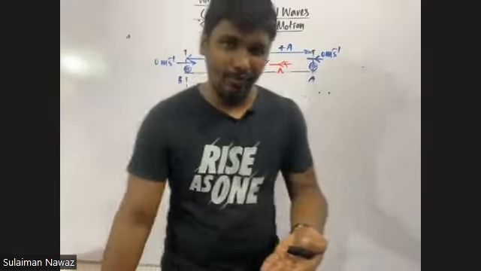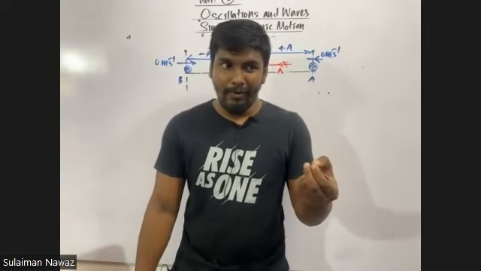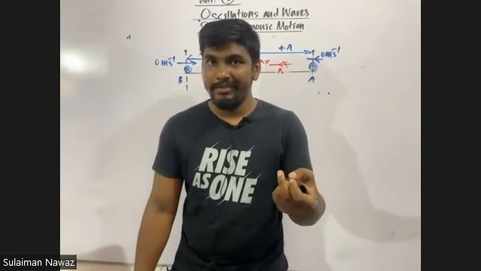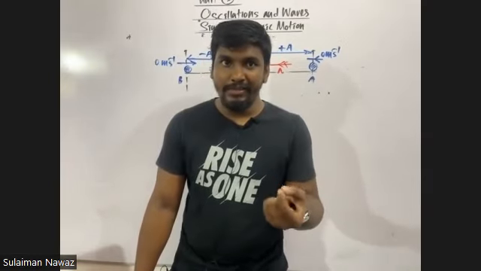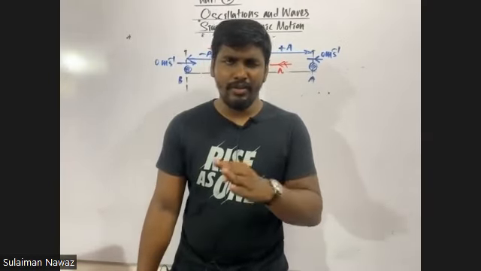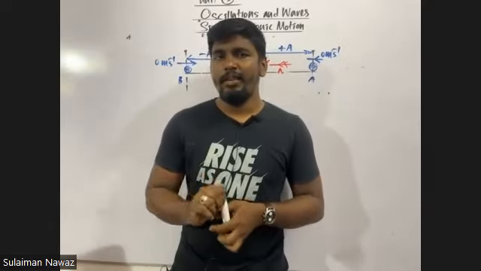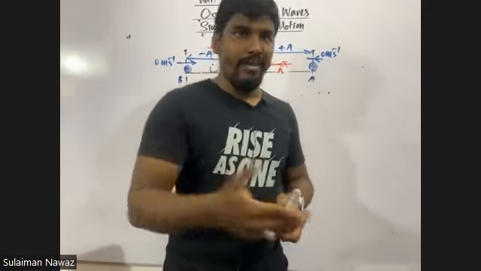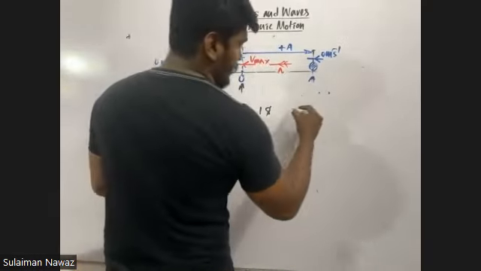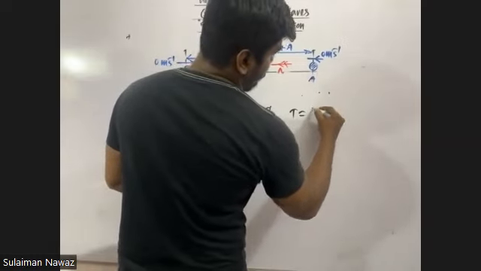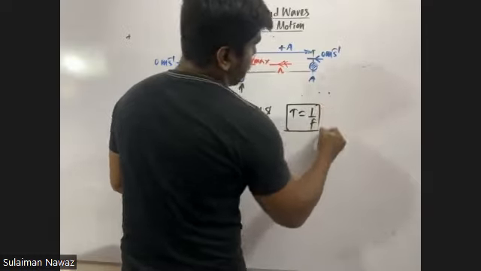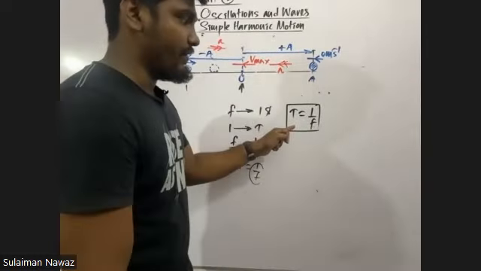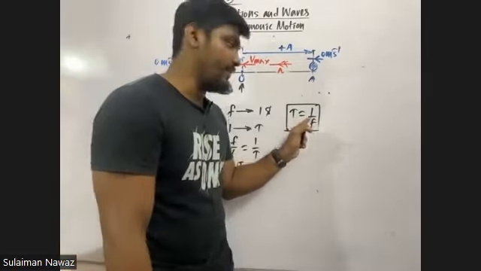It's common sense, right? If f oscillations occur in 1 second, then one oscillation occurs in 1 over f seconds. Therefore, we can say capital T equals 1 over f. Highlight this one. This is an important equation, learn it by heart. You want to remember this equation.